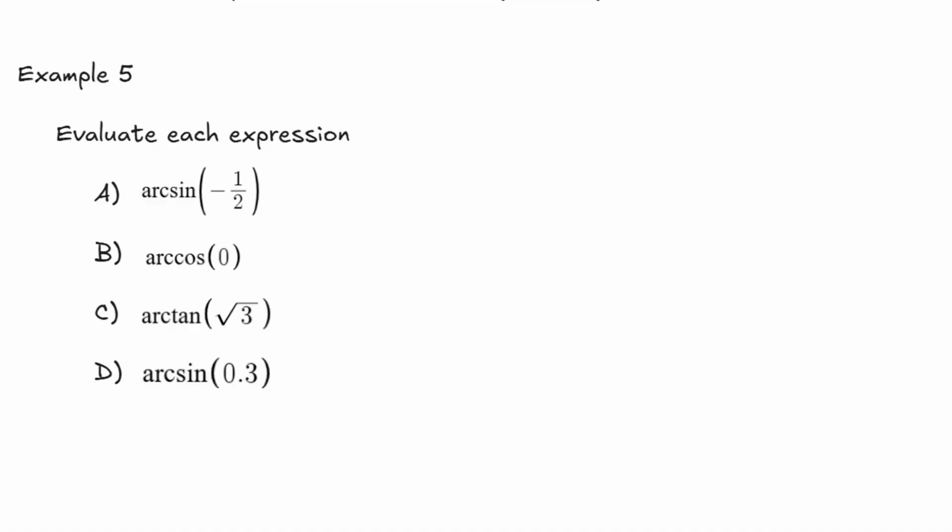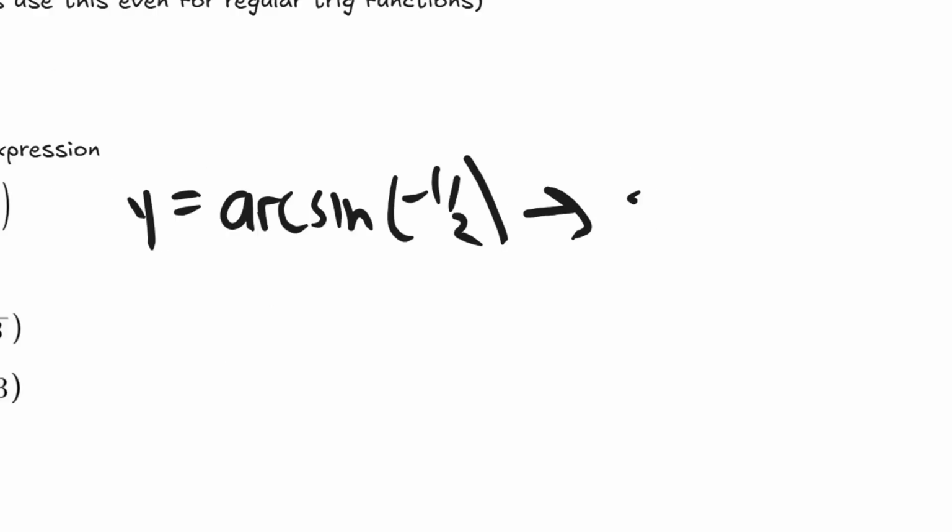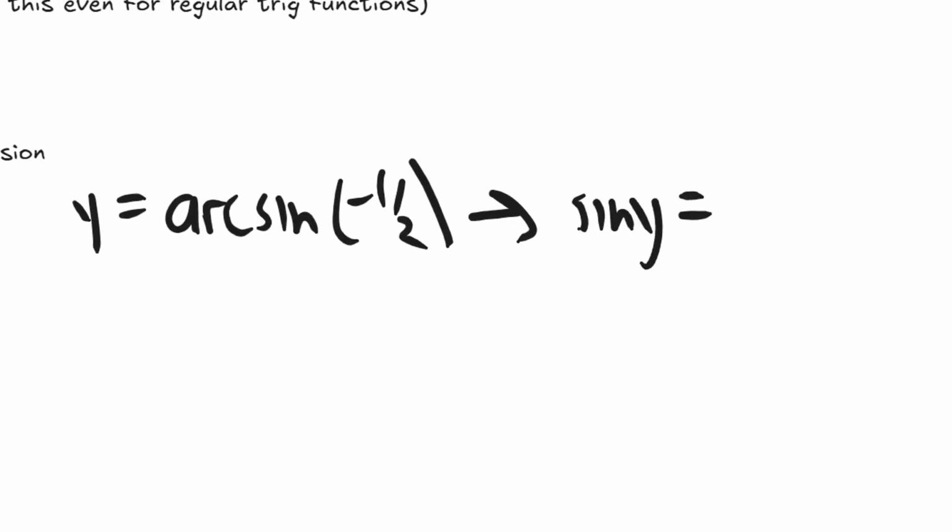Now we can talk a little bit about evaluating expressions involving inverse trig functions. So if we have arcsine of -1/2, since y equals arcsine of -1/2, that implies that sine of y equals -1/2.